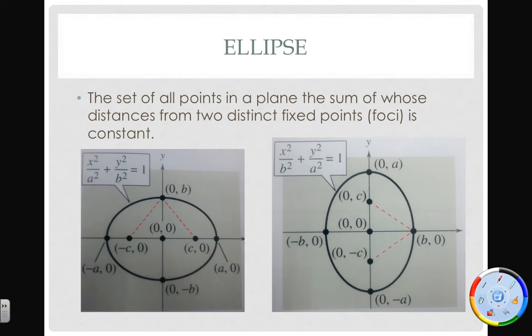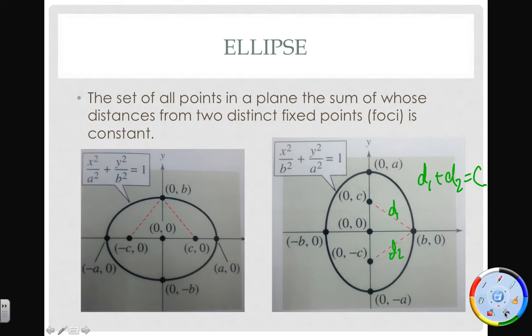So if I was to look at just this vertical version here, the vertical ellipse, if I called this distance d1 and this distance d2, d1 plus d2 is always constant. It's always the same value.